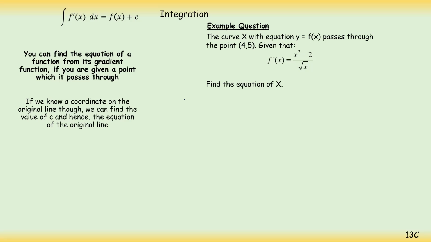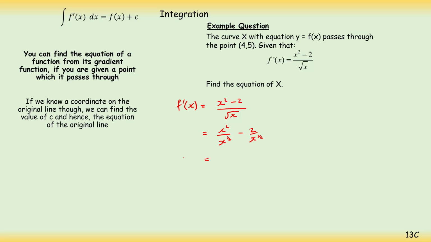Okay, so same sort of thing, just change back to red. So f dash of x is equal to x squared minus 2 over the square root of x. Looks challenging, but if we separate the two terms on top, we've got x squared divided by the square root of x, or x to the power of a half, minus 2 over x to the power of a half.